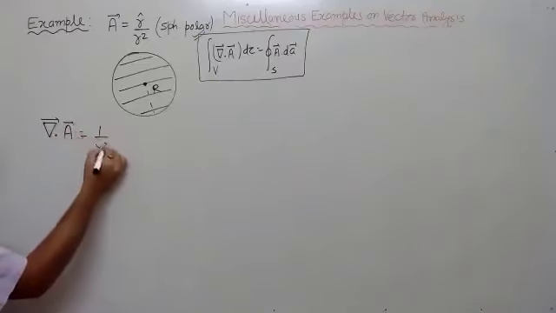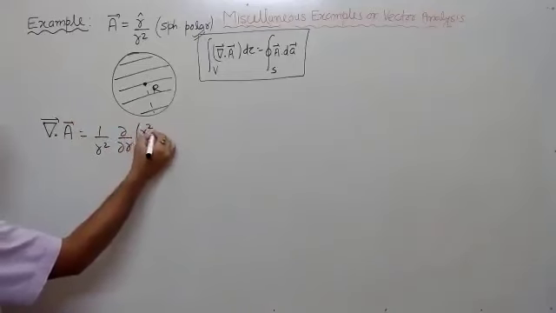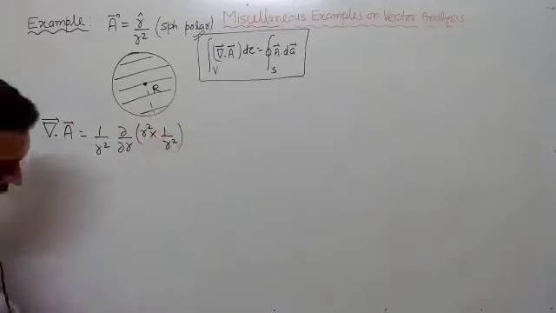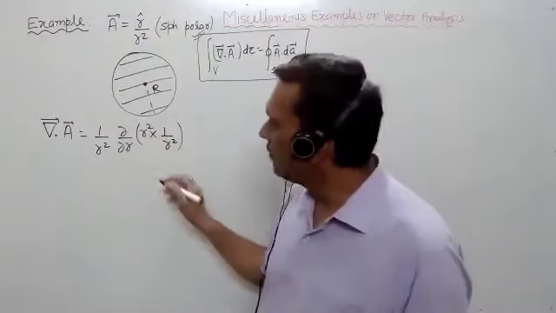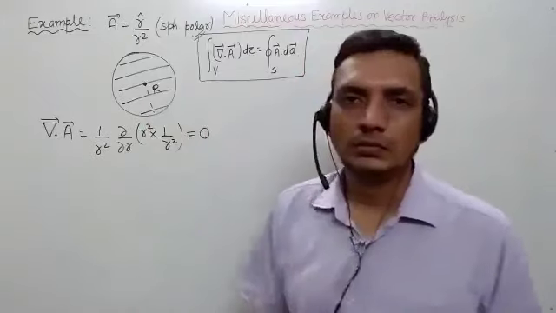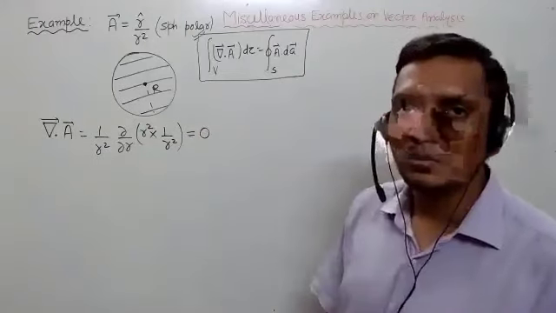This is 1 by r square del r, r square into AR. AR is 1 by r square. So this r square will cancel out. This will be 0. Divergence A is 0.